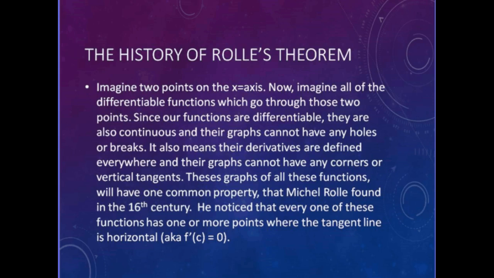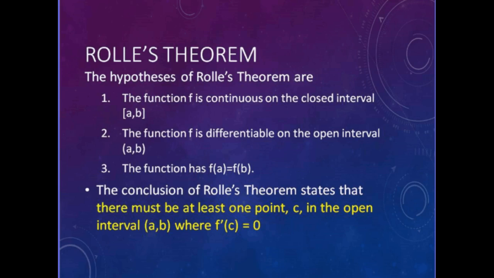Rolle's theorem has 3 hypotheses that must be true in order to apply it. The first thing that has to be true is that your function must be continuous. The second thing that must be true is it must be differentiable on the open interval. Why does it not need to be differentiable at the endpoints?